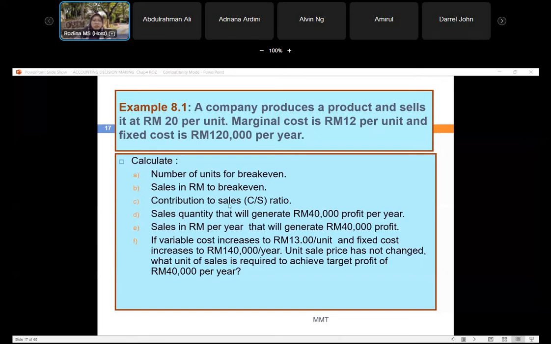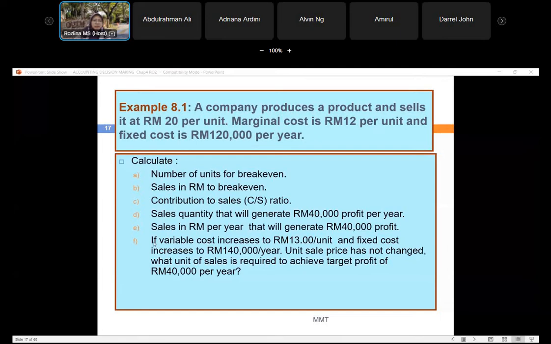Then contribution to sales: you have to use the accounting format, the ratio of contribution to sales. And then the quantity of sales that will generate 40,000 profit per year, and the sales in RM per year that will generate 40,000 profit.